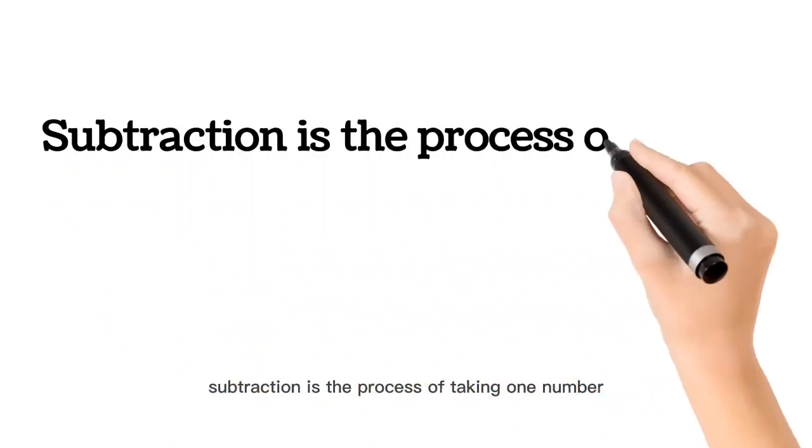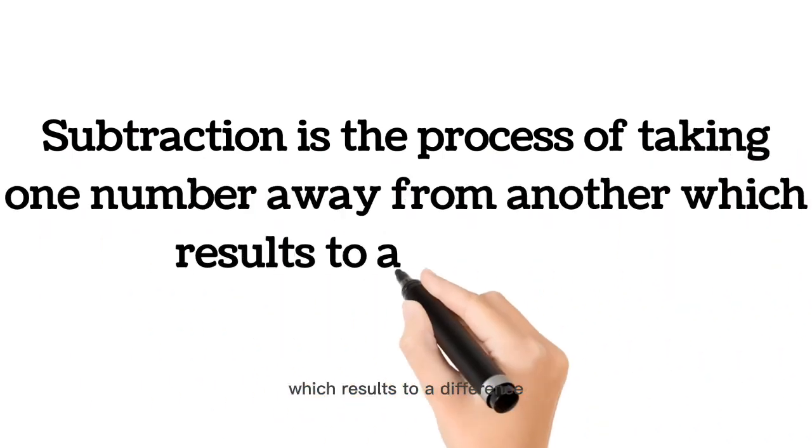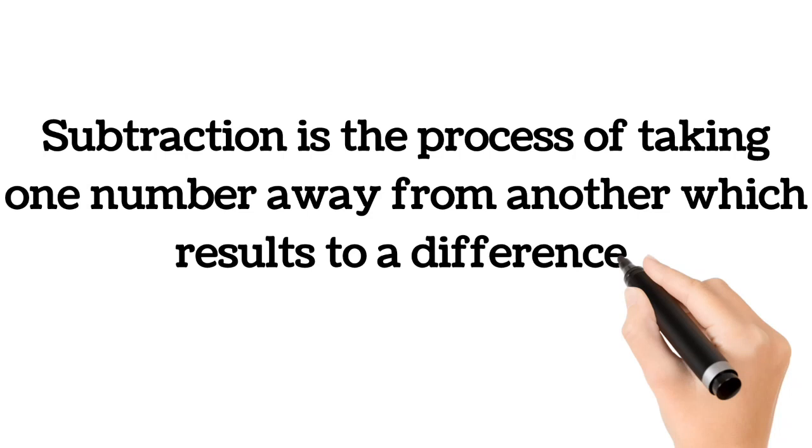On the other hand, subtraction is the process of taking one number away from another, which results in a difference. So when we take one number from another number, the process is called subtraction. Difference is the result of a subtraction. So after subtraction, the result we get is called difference.